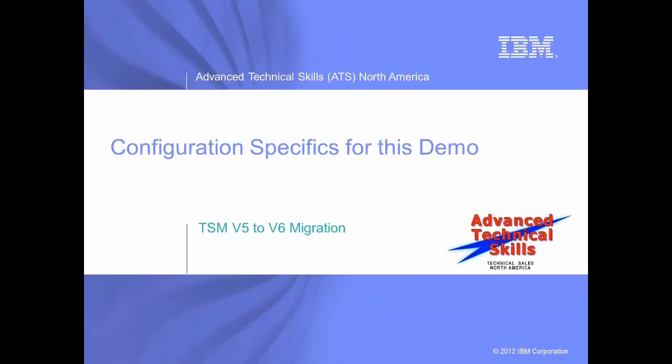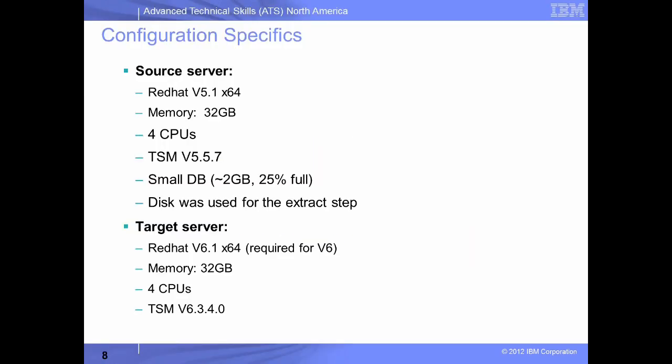So let me give you some of the specifics here on what these systems look like. Really what we've got here on this setup is two VM guests. One of the guests is running version 5.5.7 of TSM. It's got Red Hat version 5.1 64-bit.